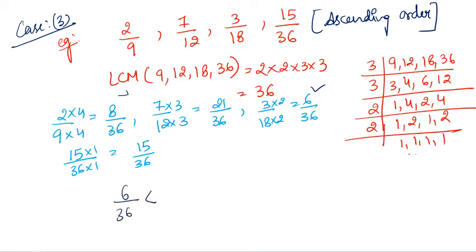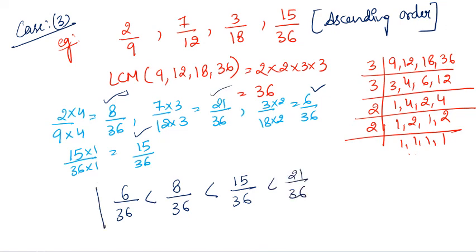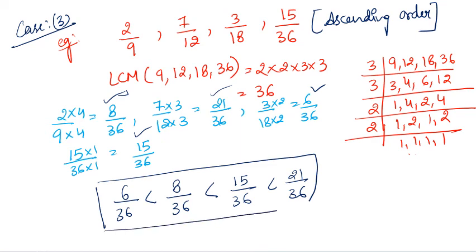Then we have next 8 over 36. Next to it is 15 over 36. And the last one is 21 over 36. So that's how we are going to write these numbers in ascending order.